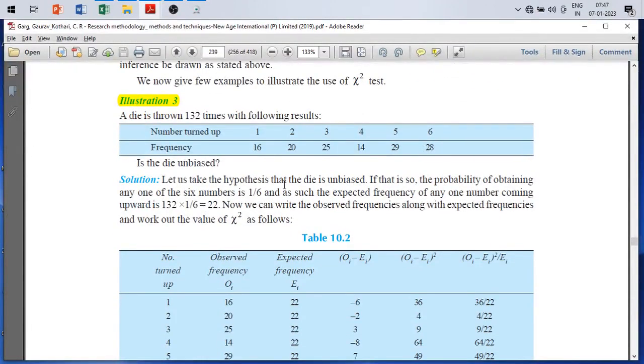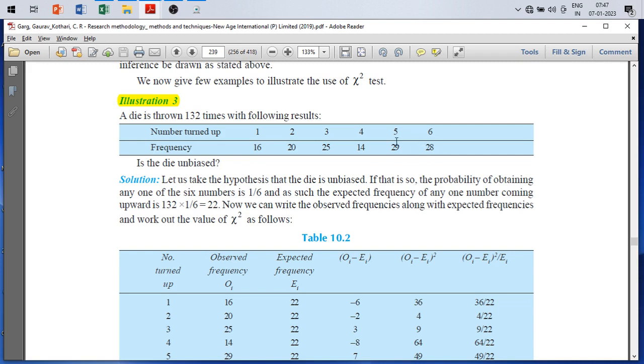Here you see example 3. It says a die is thrown 132 times with the following result: 1 turned up 16 times, 2 came 20 times, and so on, the frequencies are given.